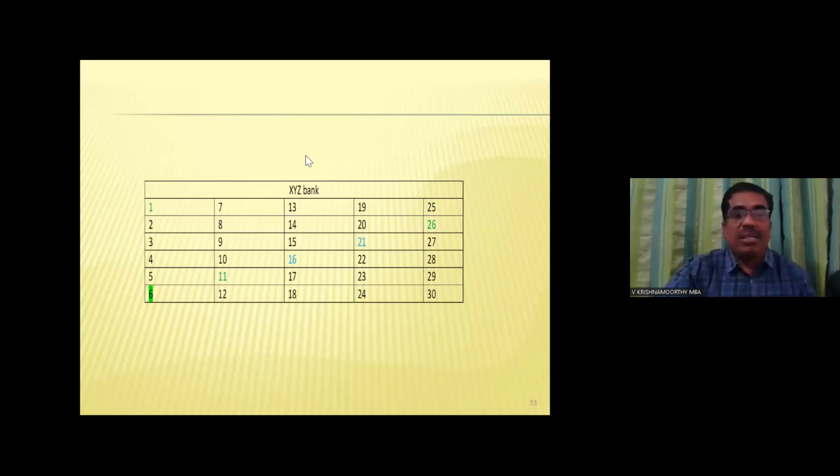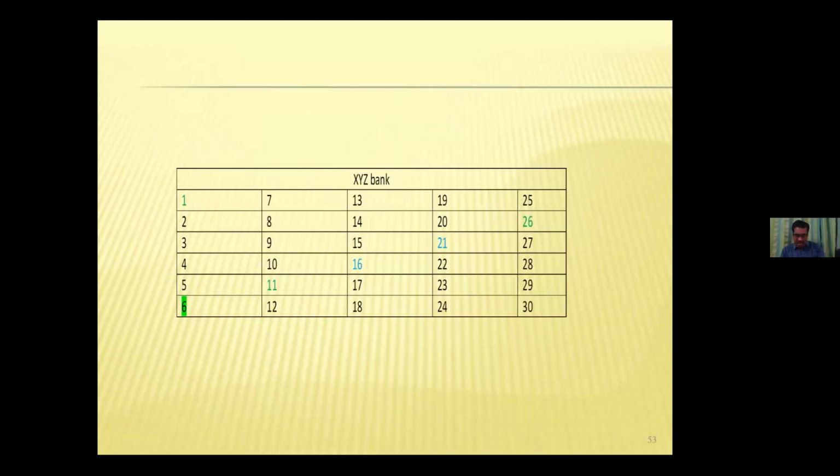Let's take this graphical illustration of the systematic random sampling method. This is bank XYZ, and this bank has different customers. What is my random starting point? 6 is my random starting point.